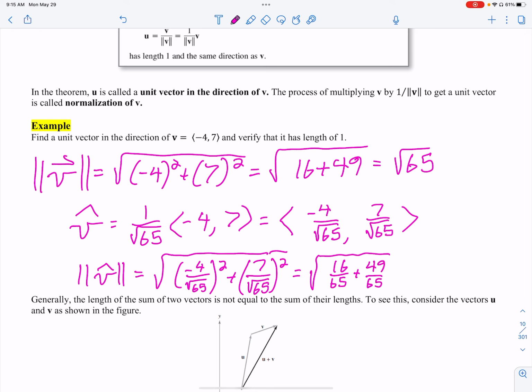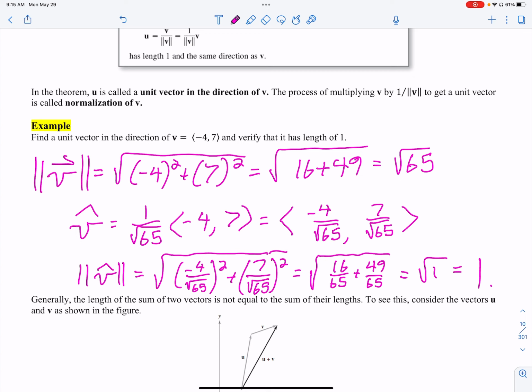You can kind of see why the theorem is the way it is, because now I'm going to get a 1 underneath, which is 1. Dividing by that square root of the sum of squares actually just matches the numerator in this case, forcing a unit vector. So that's how you find a unit vector, and that's how you verify.